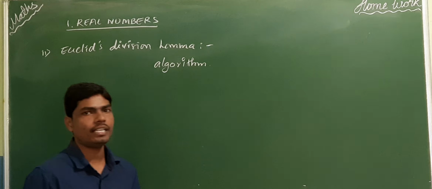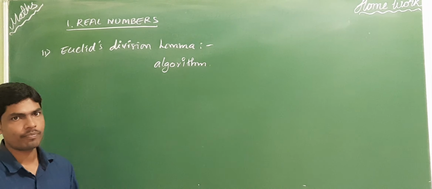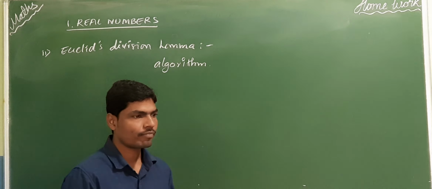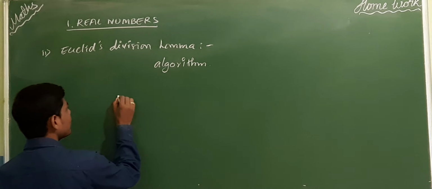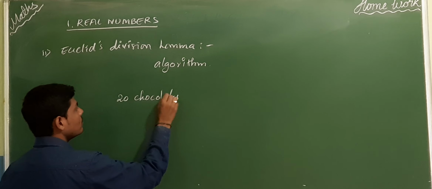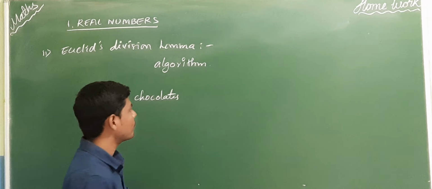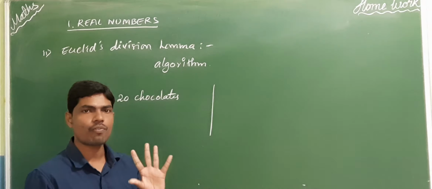So how are we using this method in real numbers? For example, I have 20 chocolates. I want to distribute these 20 chocolates equally to 5 children.